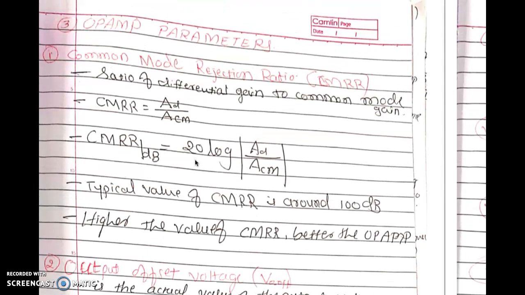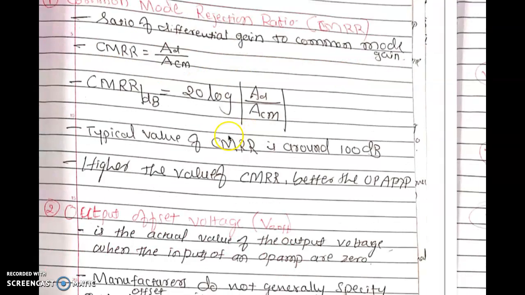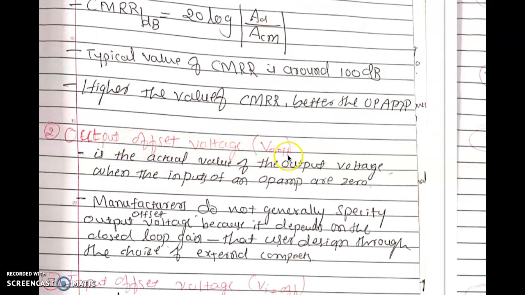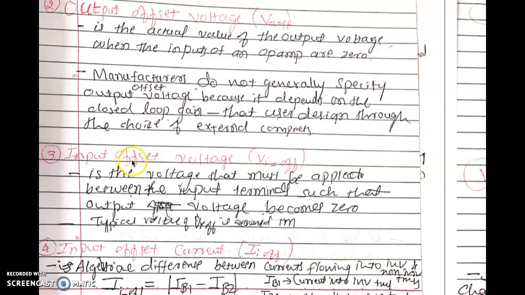When we study the op-amp, we first list its important parameters. About 9 to 10 parameters are there. First is common mode rejection ratio. Next is output offset voltage, Vout off, where V0 means output voltage and off indicates offset voltage. Next, input offset voltage, where Vi is input voltage.